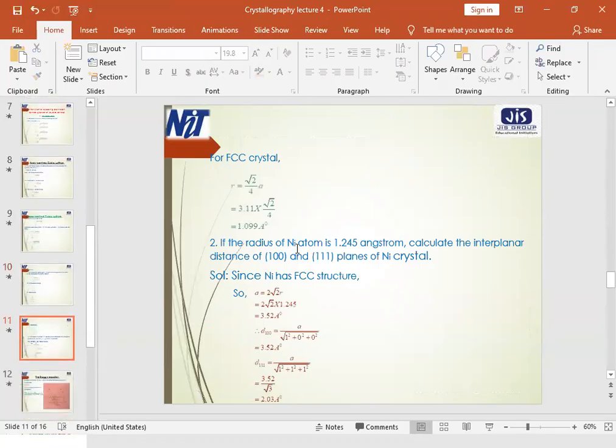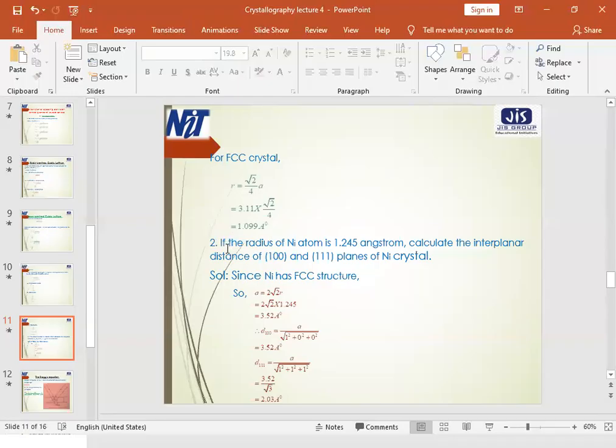For FCC crystal, we know that 4r is equal to root 2 a. Due to that, r will be equal to root 2 by 4 into a. Now a is calculated as 3.11 angstrom, into root 2 by 4, so we will get 1.099 angstrom. Let us take another problem just to understand this.